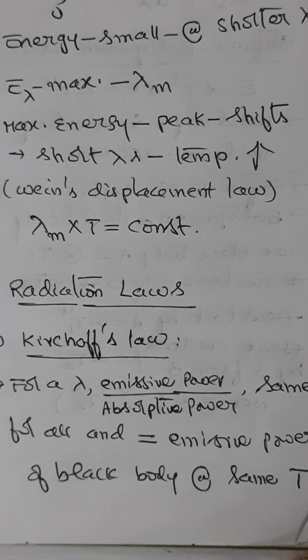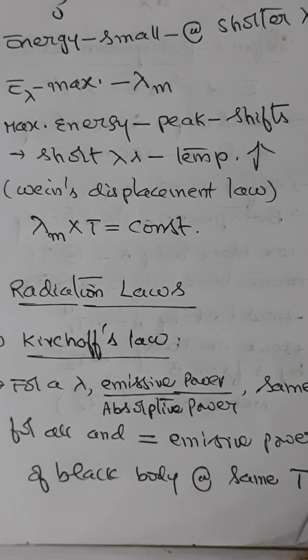Kirchhoff's law states that at a given temperature, the ratio of emissive power to the absorptive power of a given wavelength is the same for all the bodies and it is equal to the emissive power of a black body at the same temperature.